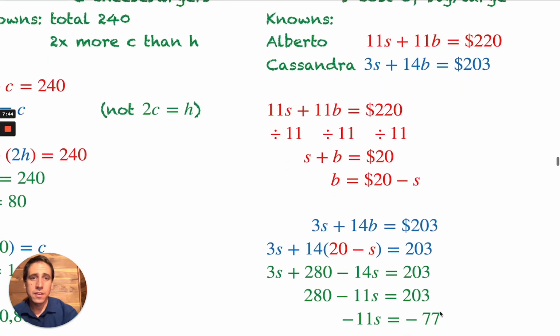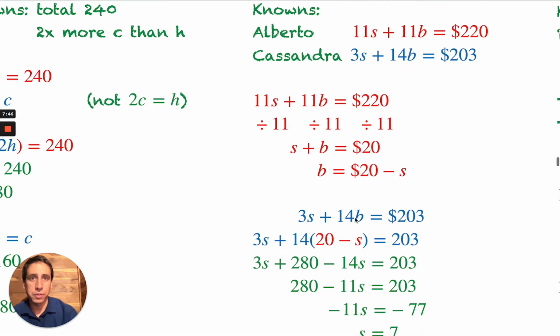Great. Now, let's take the other equation, the blue equation that we have, and instead of writing B, we're going to write inside a set of parentheses 20 minus S, because that's what B is equal to. And all of a sudden, you've got this blended equation that has only one variable, and we know how to solve them. You can distribute the 14. You can combine the like terms to get negative 11S, and so then it's 280 minus 11S.